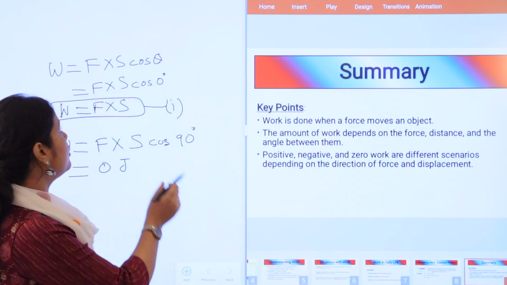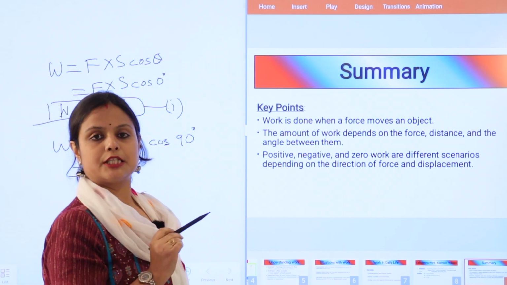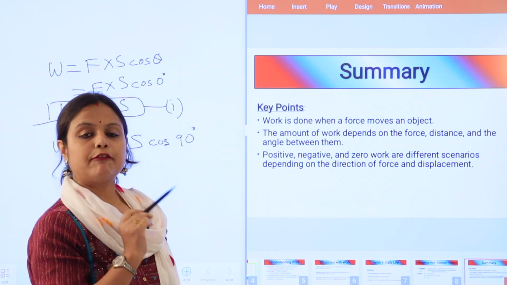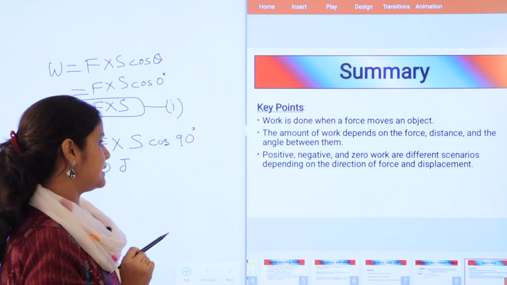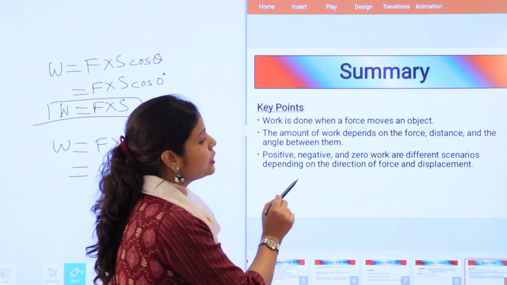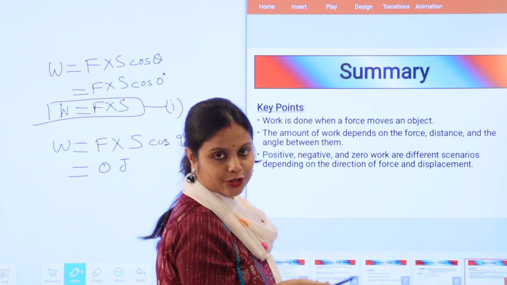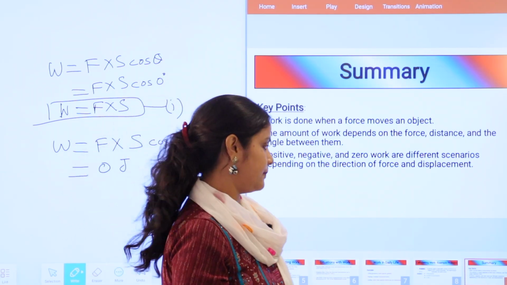So as you have already come to know, it is not simply only the force and the displacement, but also cos theta. So the cosine of the angle has to be considered in this case. And thirdly, positive, negative and zero work are different scenarios depending on the direction of force and displacement.